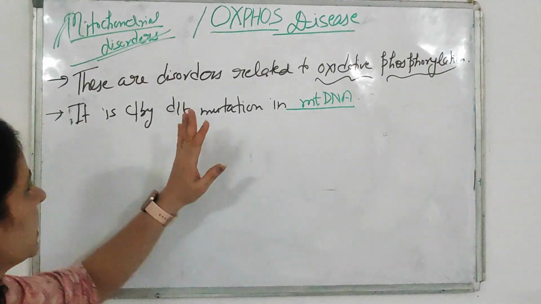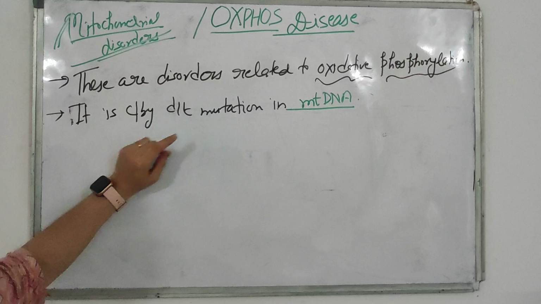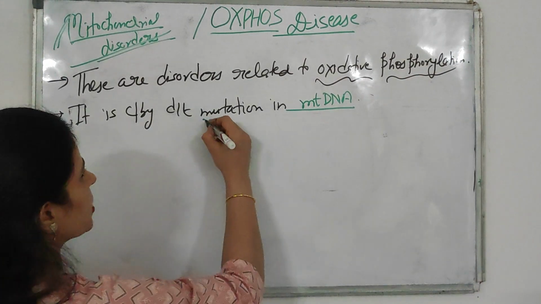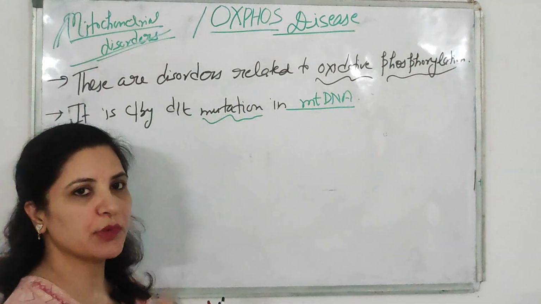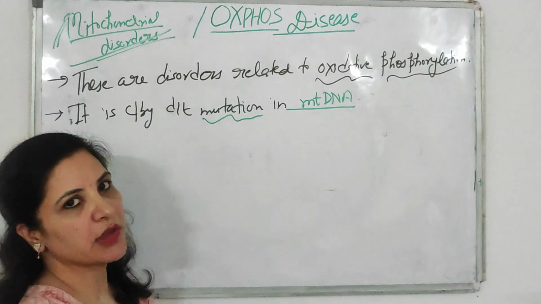So how does this disorder occur? It is caused by mutation. When the mitochondrial DNA is mutated, it causes OXPHOS disease.